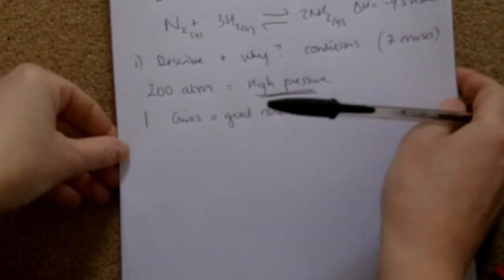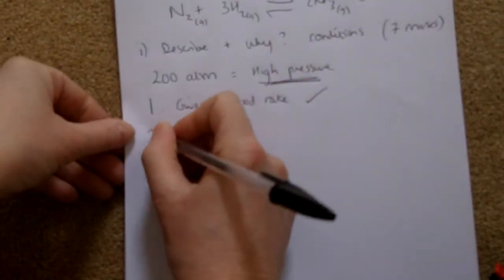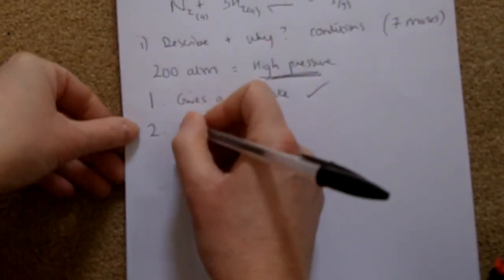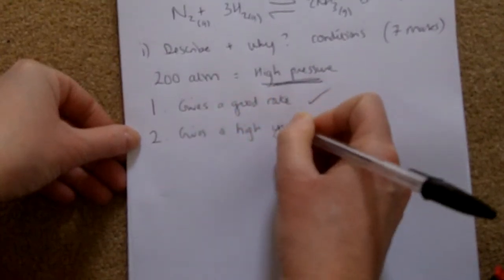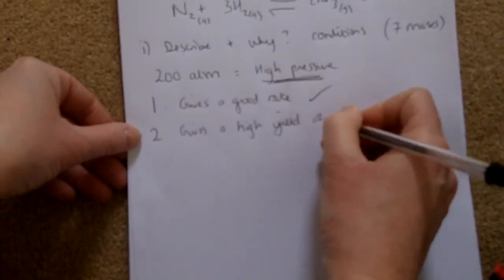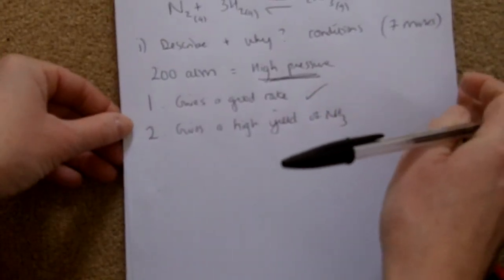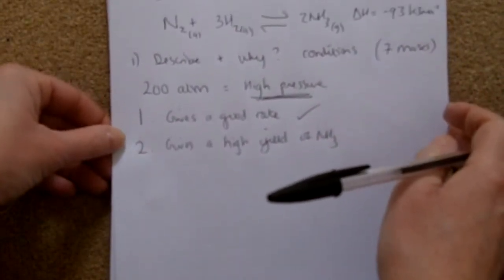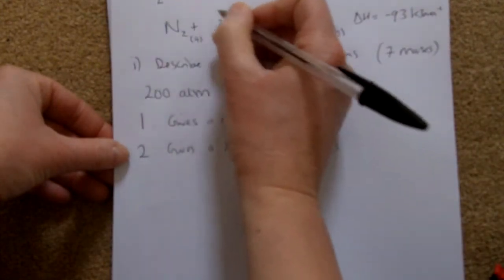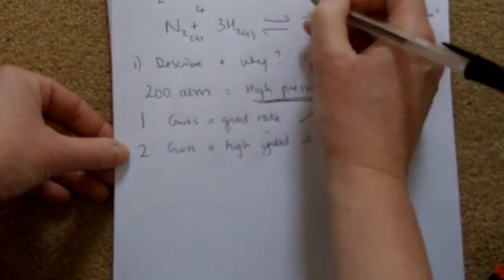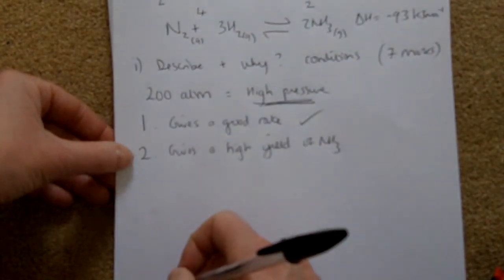Okay, so why else is a high pressure used? It gives a high yield of ammonia, so lots of ammonia. But why does it give a high yield of ammonia? Because there are 4 moles of gas on this side and 2 moles of gas on this side.